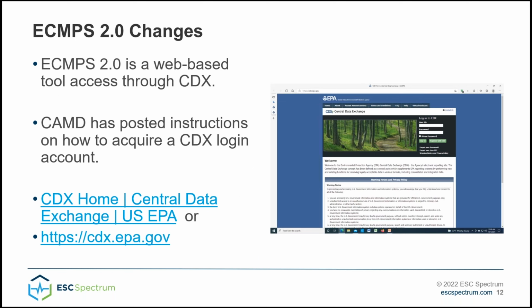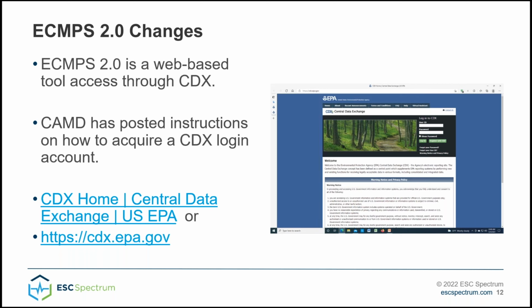So here's a screenshot showing you the CDX, or the Central Data Exchange, as it's called, where you can go to the site, and it's listed here for you on this slide, where you can register for a name and a password in the test environment.